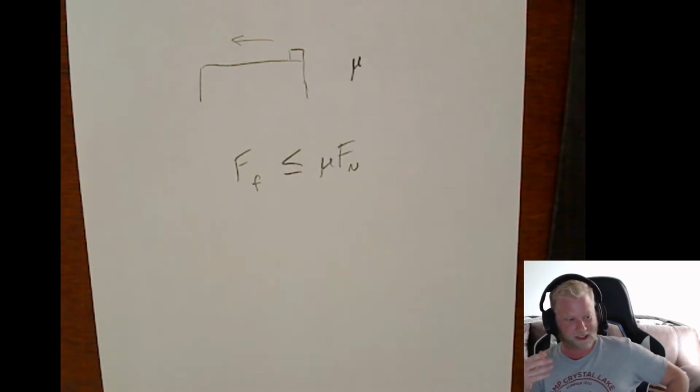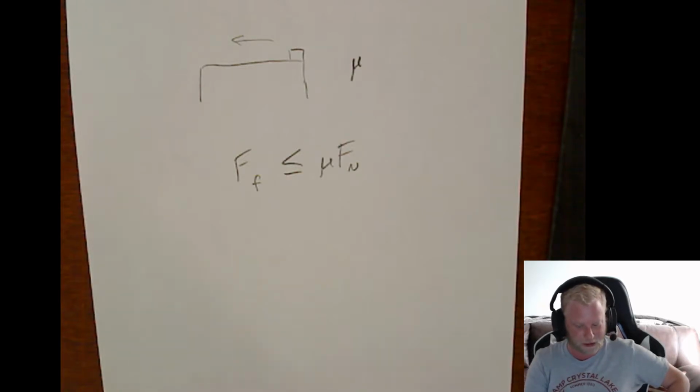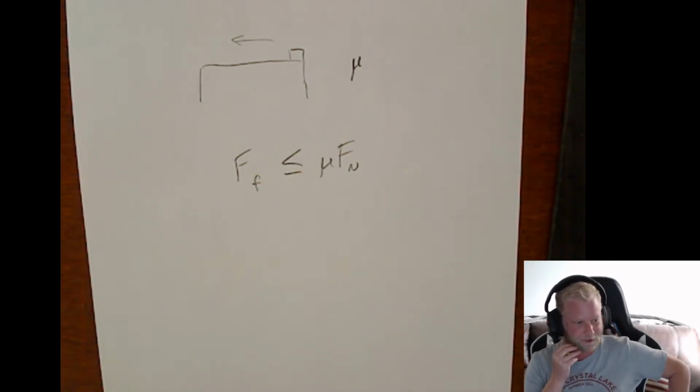So imagine for a second that you have a table in front of you and you push on it with 5 newtons worth of force, but the table doesn't move. Well, if the table didn't move, there's got to be a force opposing your 5 newtons worth of applied force. And that force is the static friction force.